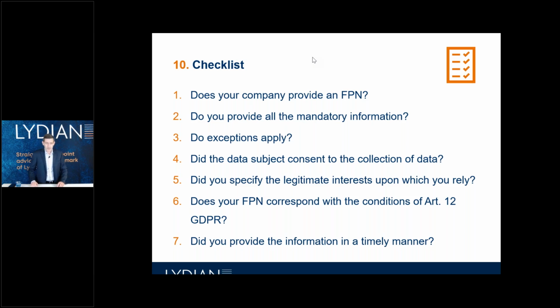First of all, check whether your company indeed provides a fair processing notice. I know that most companies will have a privacy policy or a fair processing notice, but consider whether it indeed covers all the data subjects about whom you are processing personal data.